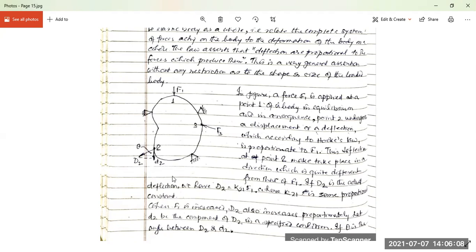If we increase the pressure, this capital D2, which was the initial deflection, is also increased, and its component in the specified direction increases too. Now theta is the angle between the deflection D2 and its component d2.